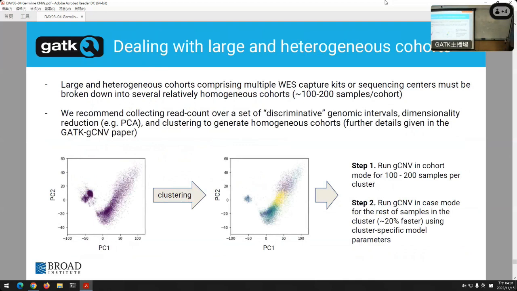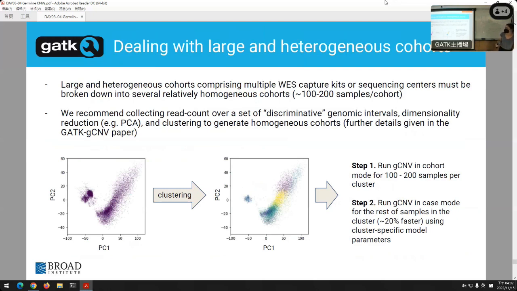Okay, so I mentioned that one step in the GCNV pipeline is sample clustering. So if you have a very large and heterogeneous cohort, we recommend that you split it up into multiple different groups of samples. This enables you to actually scale to that many samples. And also, you will get better CNV calls if you're training and applying your model on samples that have very similar characteristics, so that you don't end up with those outlier samples that have more than 200 CNV calls.